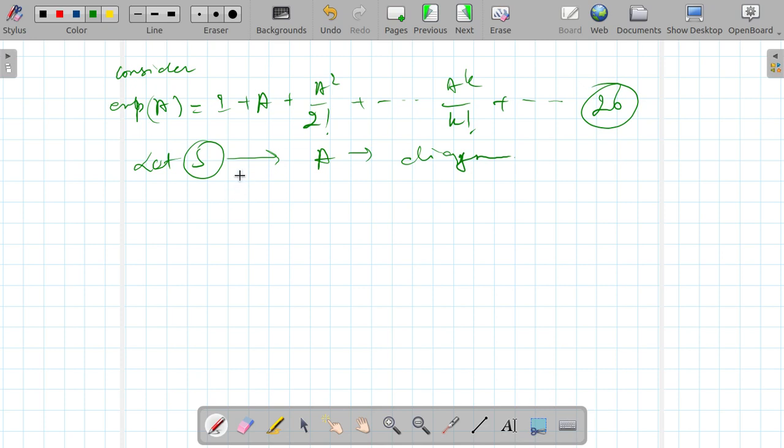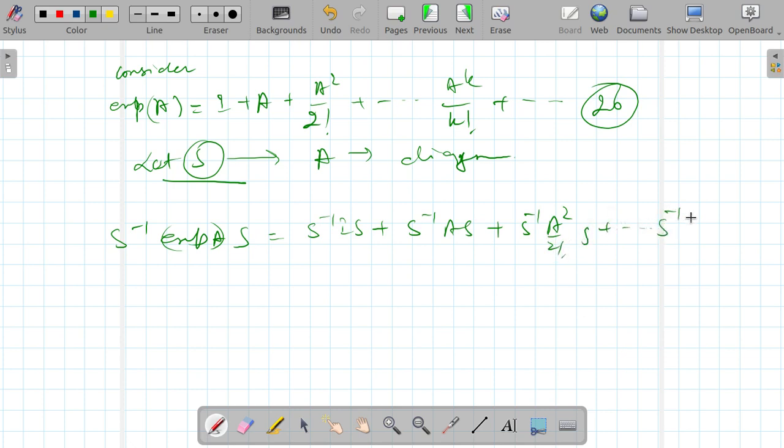I will operate on this equation 20 first with S inverse and after that with S. So it can be written as S inverse I S plus S inverse A S plus S inverse A square by 2 factorial S and so on, up to S inverse A k by k factorial S, and this will transform it into the corresponding eigenvalues.